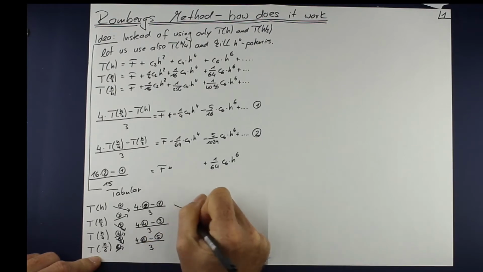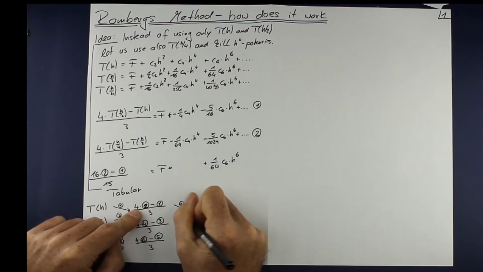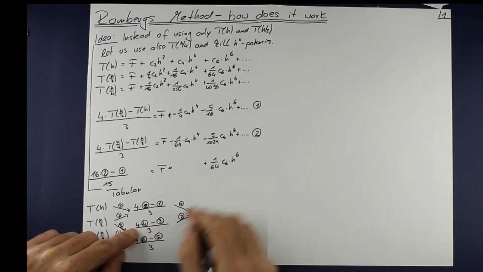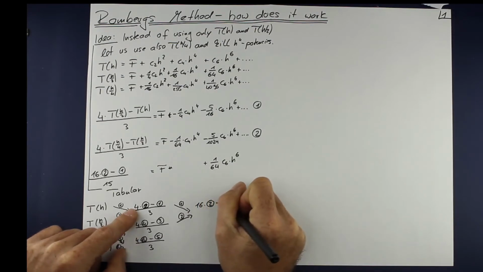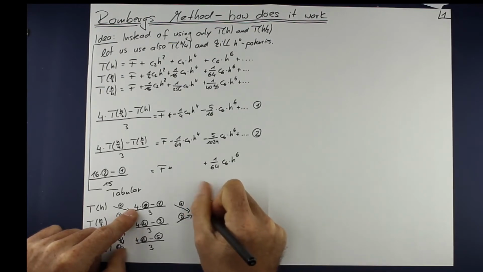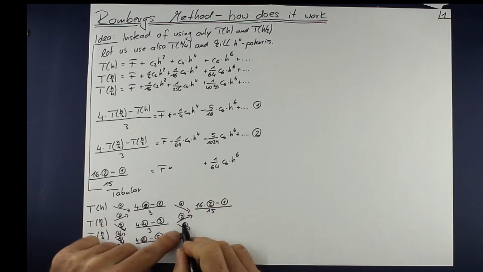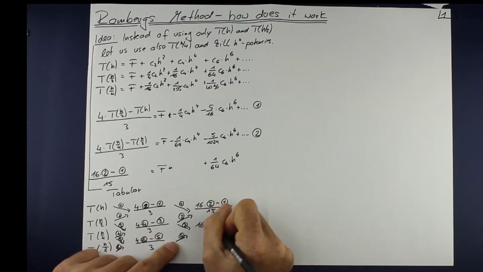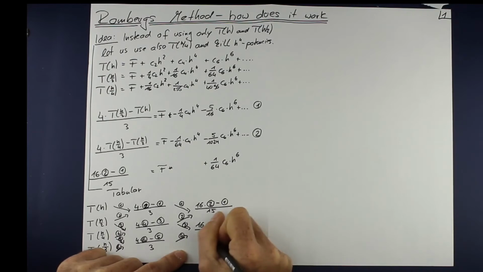And then the next stage, if let's say this is 1 now and this is 2 now, then 16 times the better value, 16 times this value minus 1 times that value divided by 1 less, 15. Let's do the same here. If this is 3 and this is 4, 3 again is the same as 2, then 16 times this value, the better one, minus 1 times this value divided by 15.